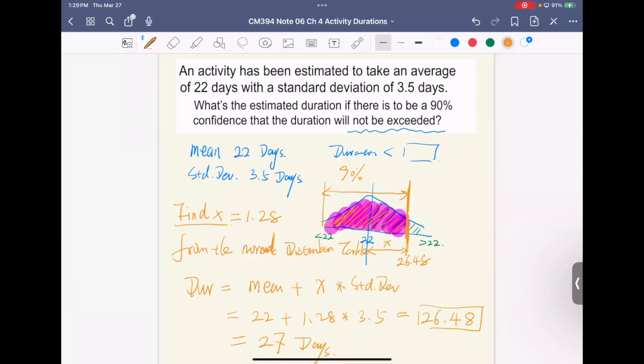Does that make sense now? So within the example here, you understand what we're going to do with that, right? Why we need to have this table, how to find the X based on your probability, and then how to find your duration based on the equation here, right?